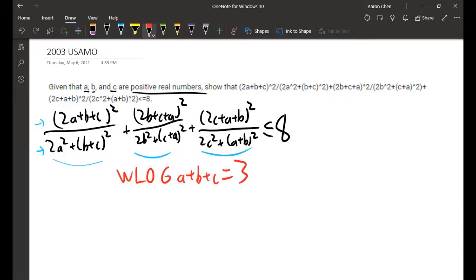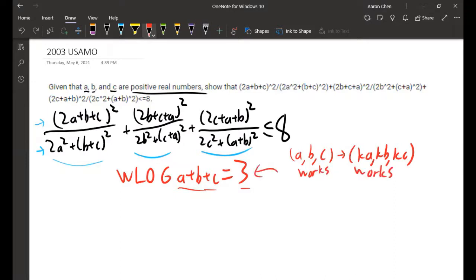With normalization, you can set one expression using the variables to equal anything you want, because if the set of solutions A, B, C works, then any set of solutions KA, KB, KC for some constant K also works.